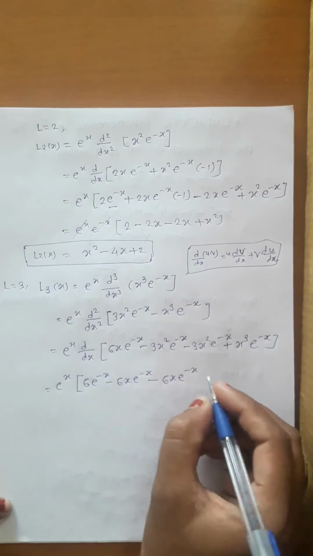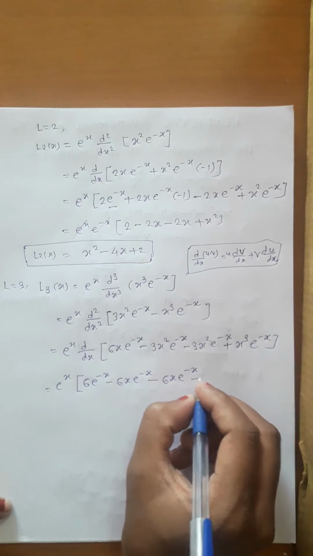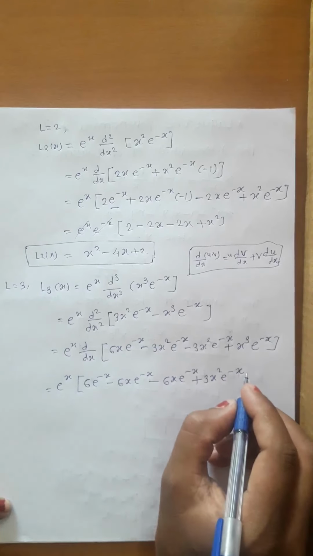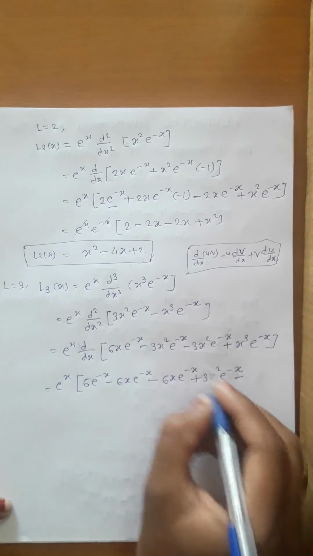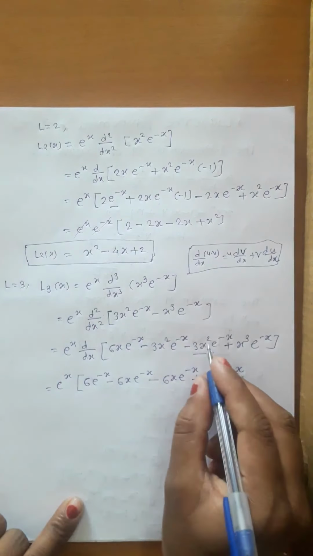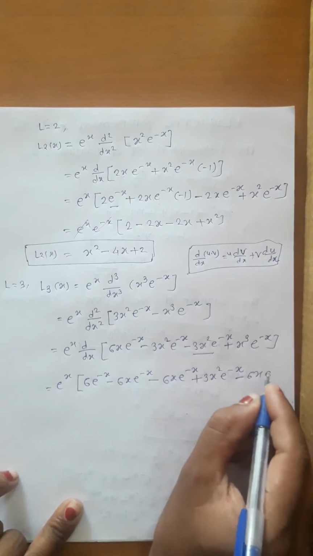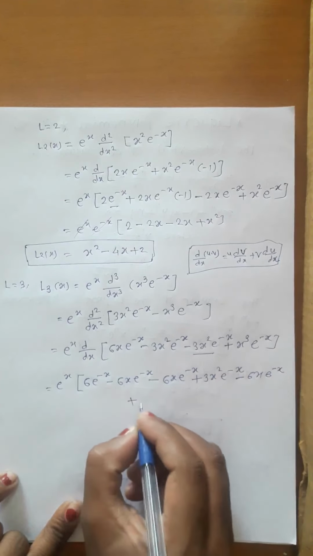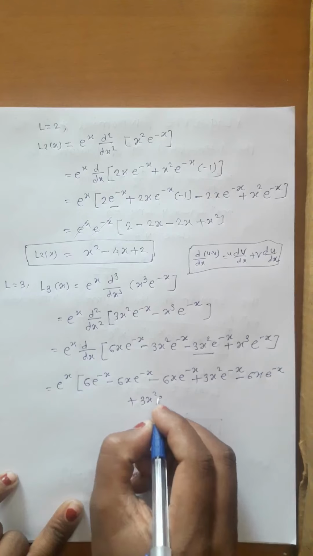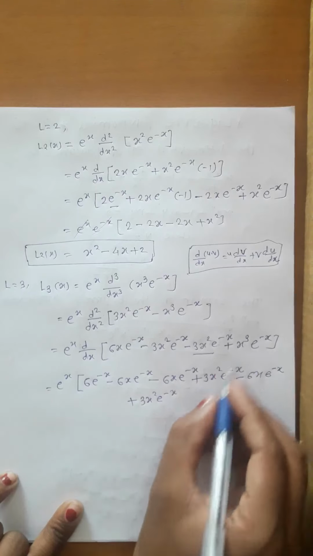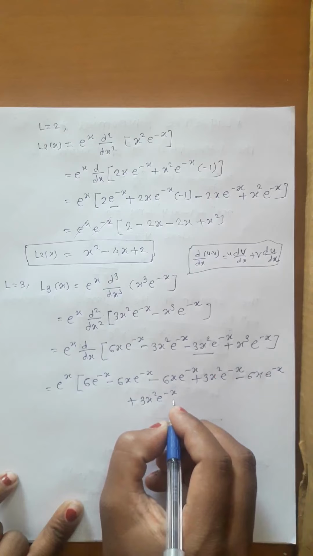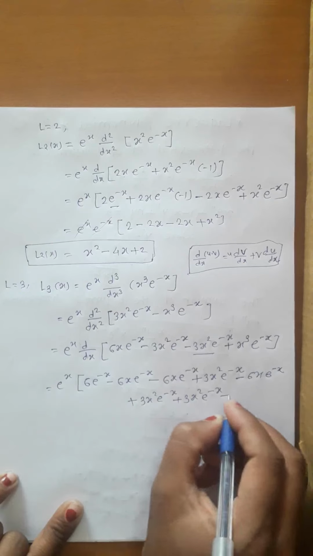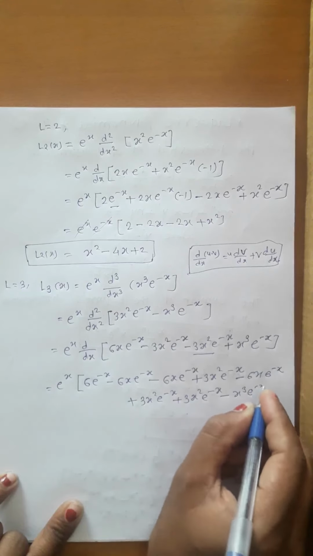Then e raised to minus x plus 3x square e raised to minus x, derivative of this term minus 6x e raised to minus x, minus minus plus 3x square e raised to minus x, derivative of this x cube is plus 3x square e raised to minus x minus x cube e raised to minus x.